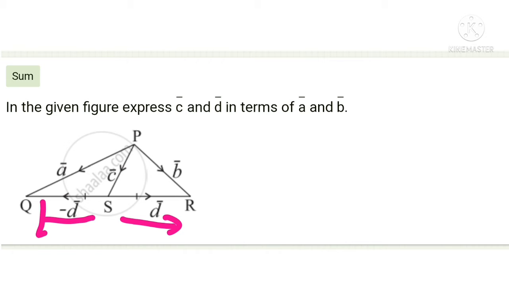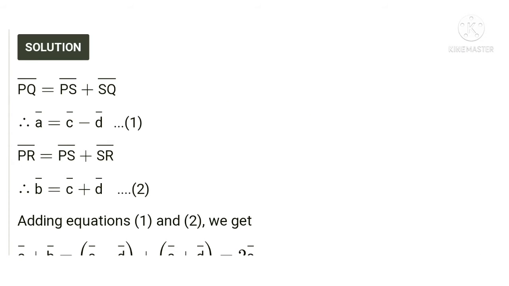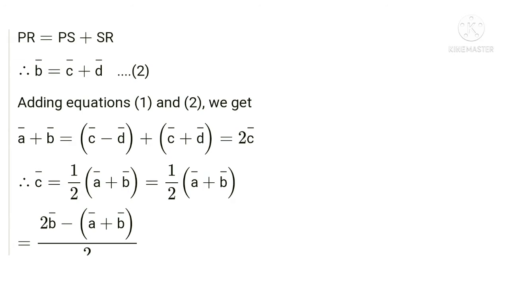Okay, so we start. From the figure we write PQ bar is equal to PS bar plus SQ bar. PQ bar is A bar, which is equal to C bar minus D bar. And also we write PR bar is equal to PS bar plus SR bar, that is B bar is equal to C bar plus D bar. Now we add equations 1 and 2.